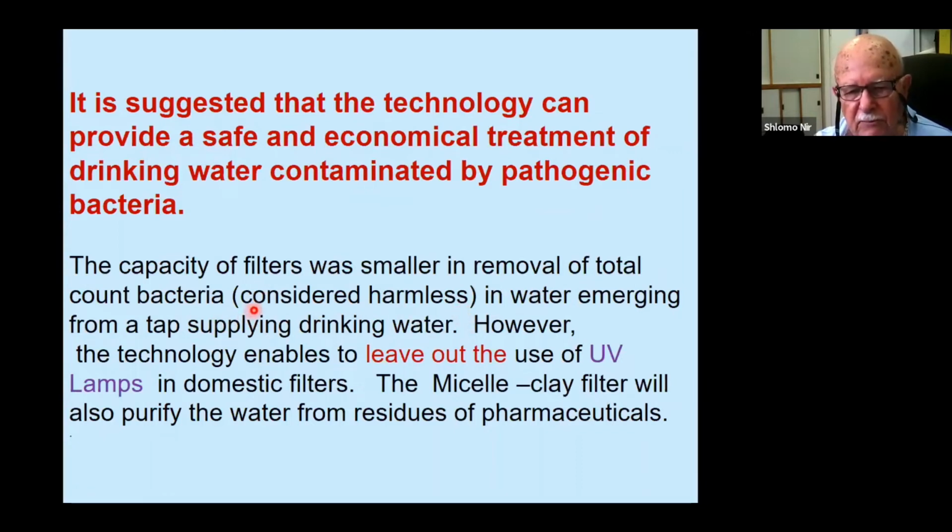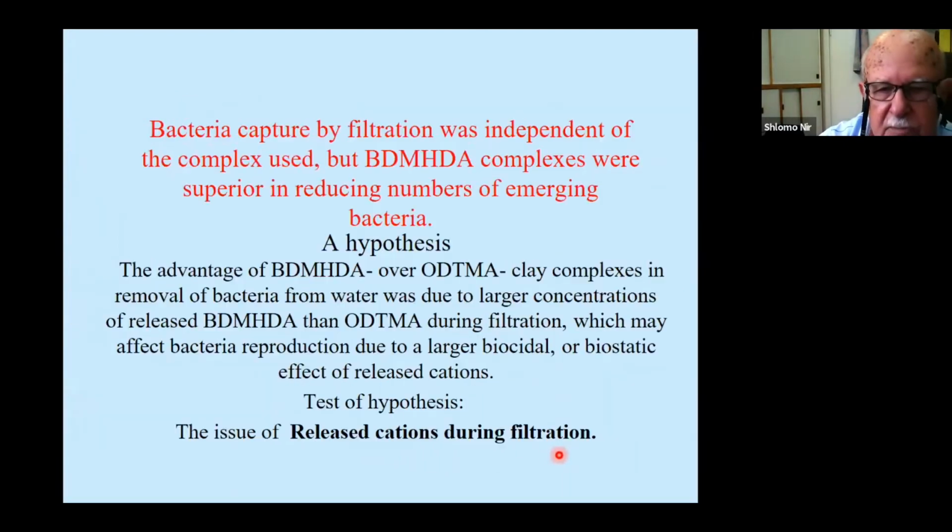The efficiency of their removal was small but still sufficient so that we can remove these bacteria without the need to operate with UV lamps. Another advantage of such a filter is that it will also purify water from residues of pharmaceuticals or herbicides.